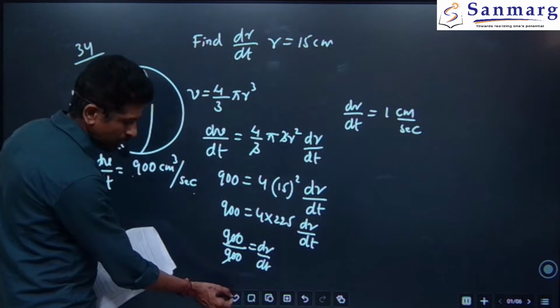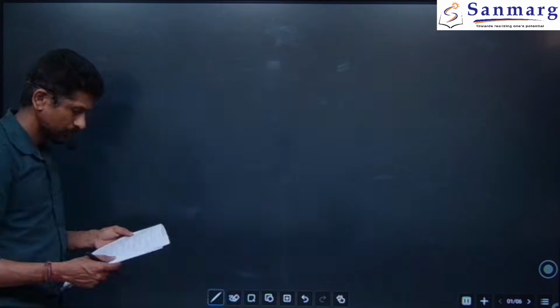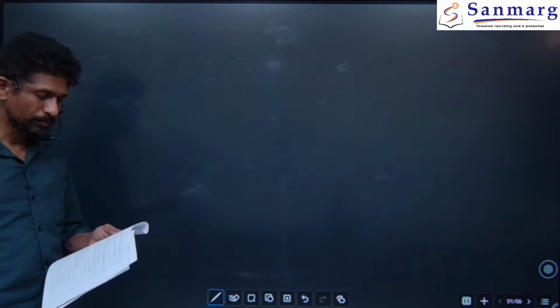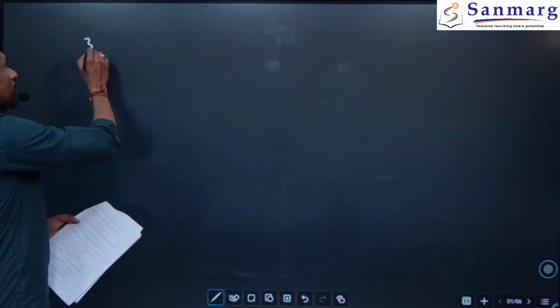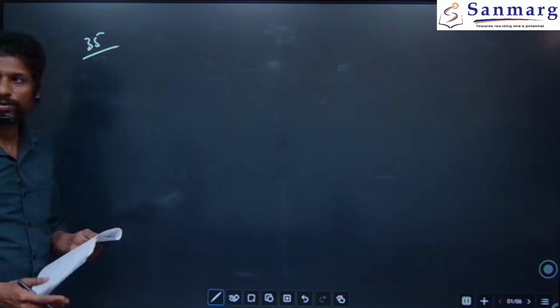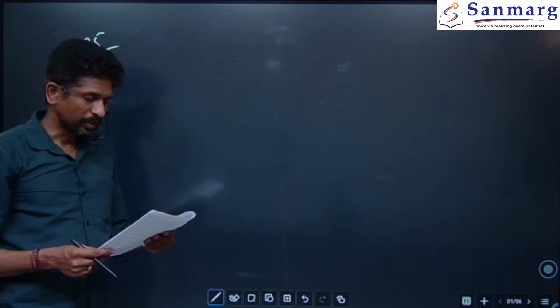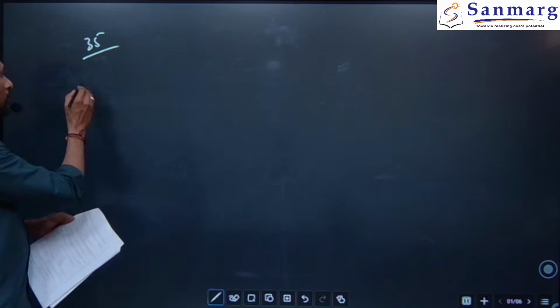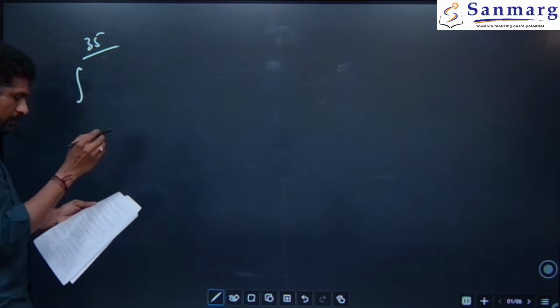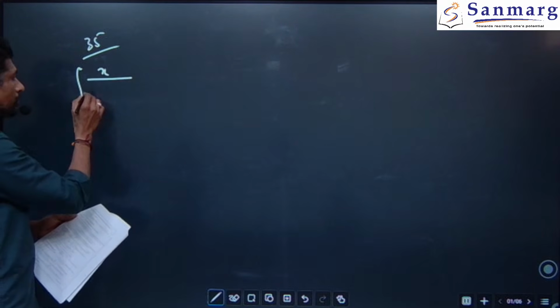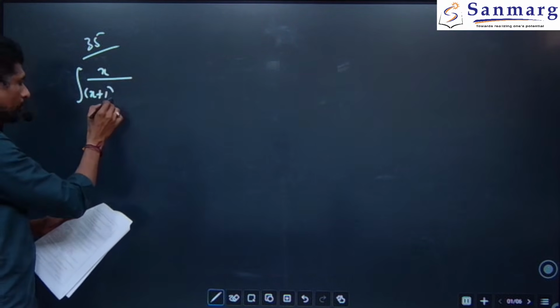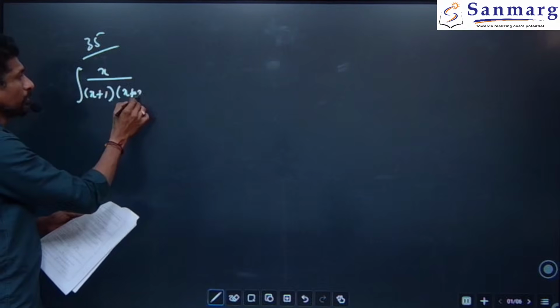I will go with another one, that is in the integration part. 35 question now. As you know, the integration by partial fraction. So here they ask find the integral of x divided by x plus 1 into x plus 2, dx.